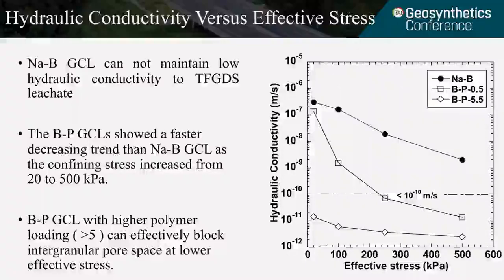This shows that the beneficial effect of effective stress on the hydraulic conductivity is more significant for polymer GCL than sodium bentonite GCL. We are working on evaluating the underlying mechanism for why the beneficial effect is more significant for BP-GCL.